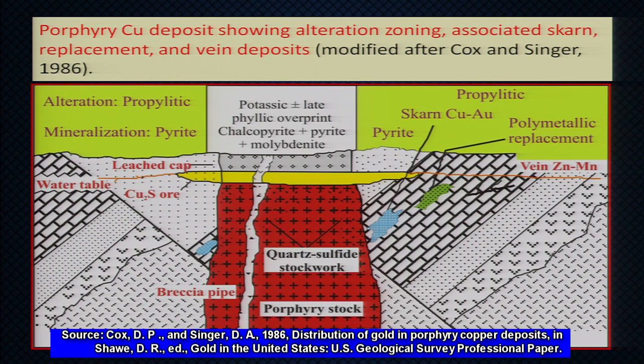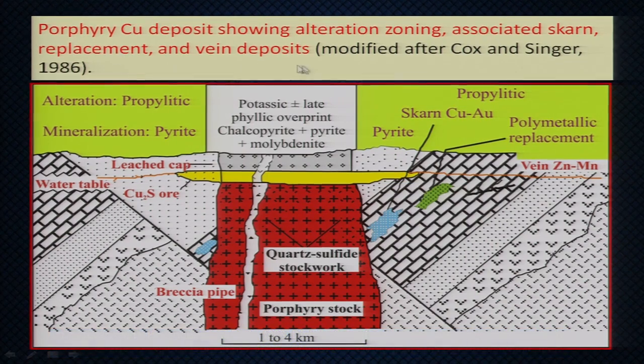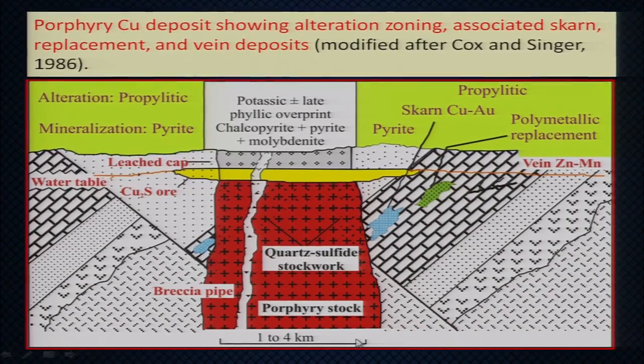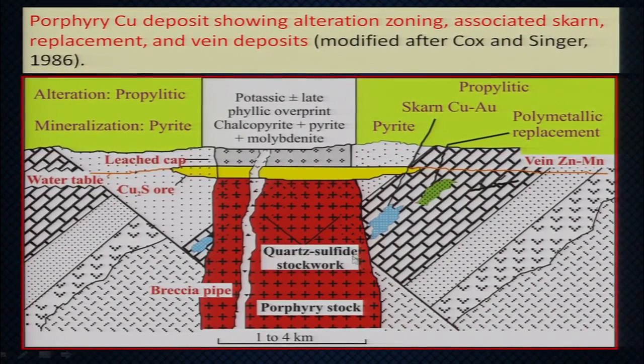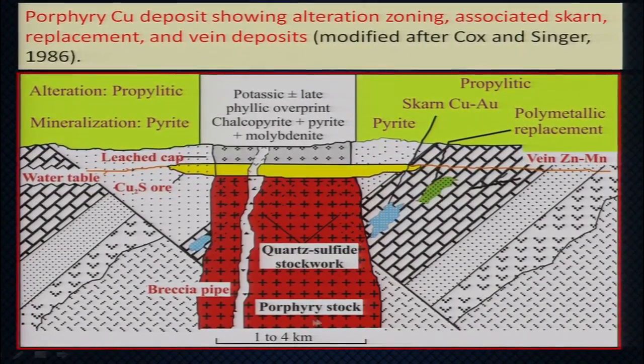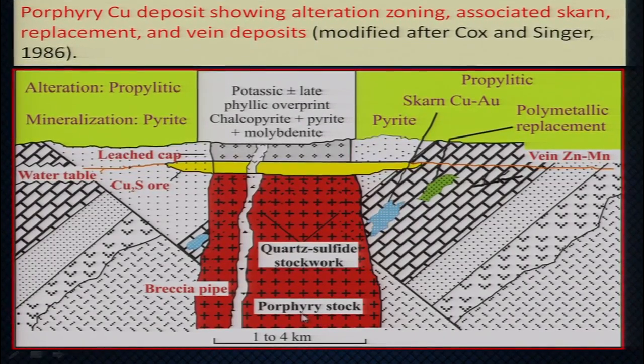What are those effects? I would like to show you the effects of these emanations through a diagram. It is an example of a porphyry copper deposit showing alteration zoning associated with skarn replacement and vein deposits. See here carefully, this is the quartz sulphide stockwork or quartz sulphide porphyry rock.